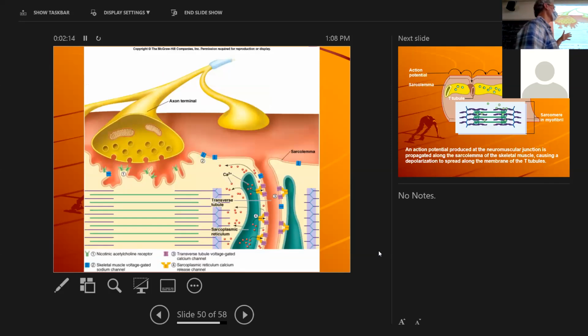It looks like this. There's a bit of cell biology here. Don't let that overwhelm you. Just go with me here. So here we have nicotinic acetylcholine receptors. Those are ligand-gated channels. Those only give you a local depolarization. But that local depolarization that you get at the membrane that constitutes a neuromuscular junction is very powerful.